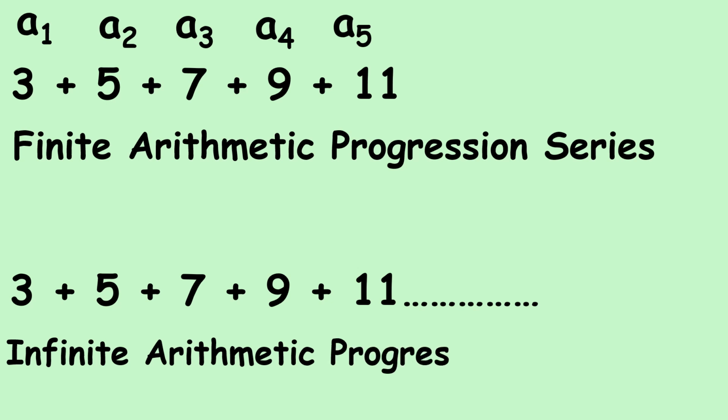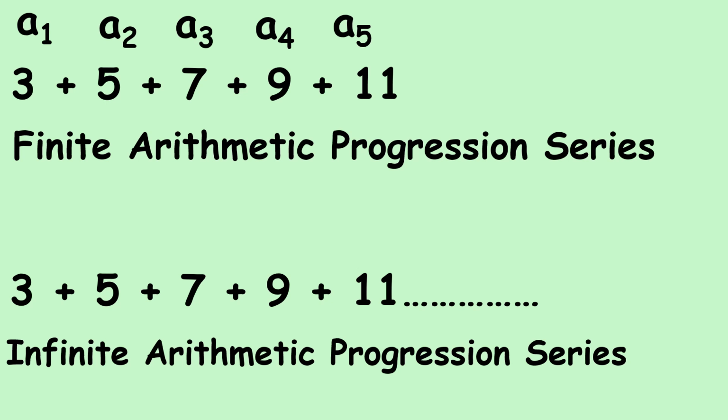Infinite means unending. But of course, it is an arithmetic progression because there is a common difference between the terms. The preceding terms and the subsequent terms have common differences of 2, but we don't know where this series is ending because of the dots.